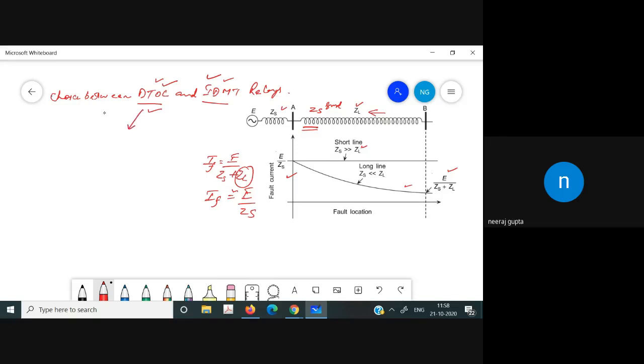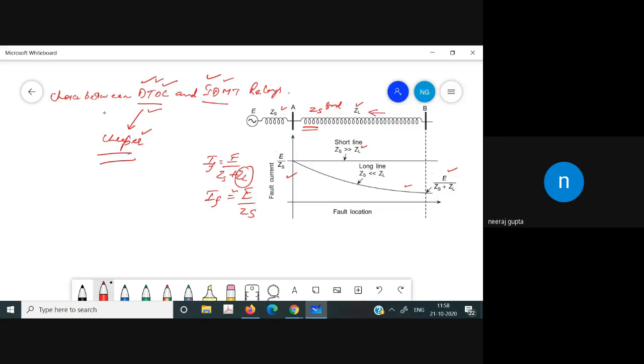These DTOC relays are cheaper, much cheaper than the IDMT relays. So in the situation in which we have a short line, that is, the length of the line is short, we prefer the DTOC relays, because they are cheaper compared to the IDMT relays.